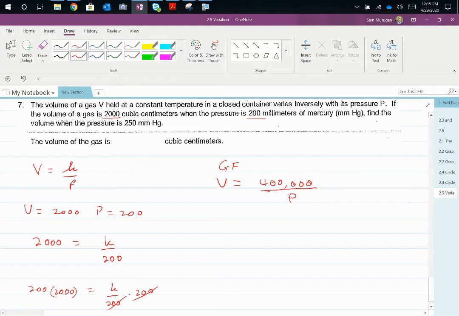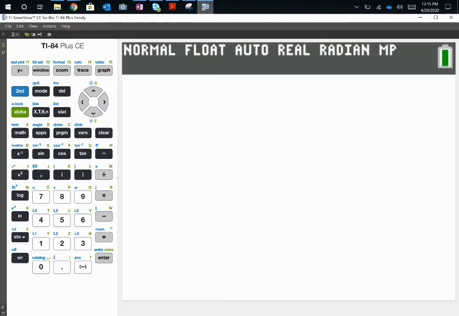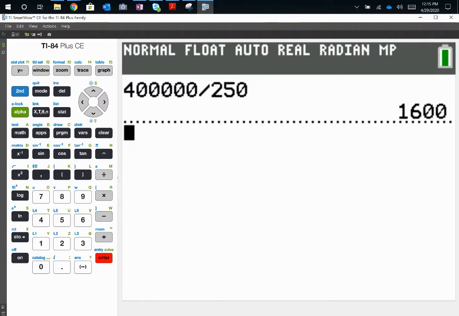Now it's asking find the volume when the pressure is 250. So volume is unknown, pressure is 250. So volume is equal to 400,000 divided by 250. Go to your calculator. 400,000 divided by 250 gives 1,600.